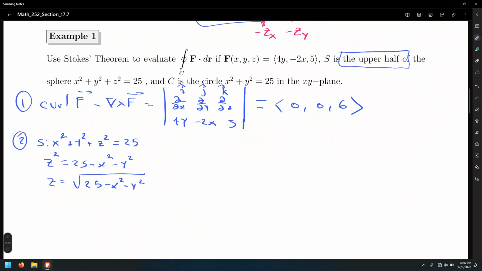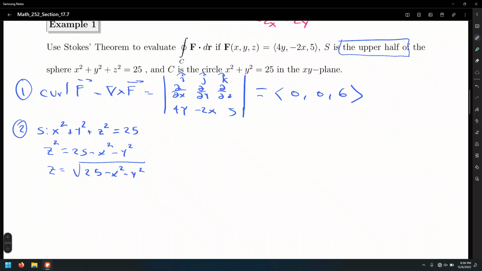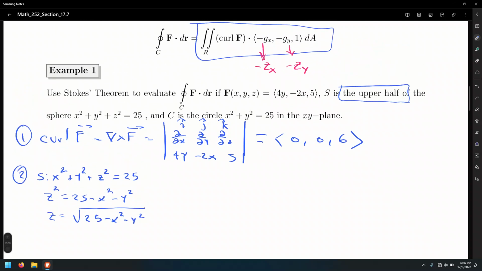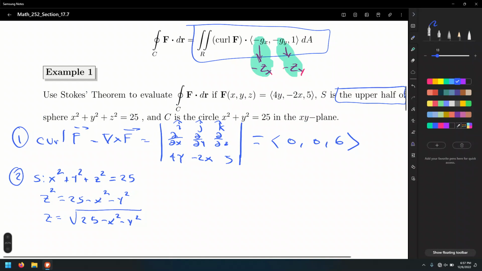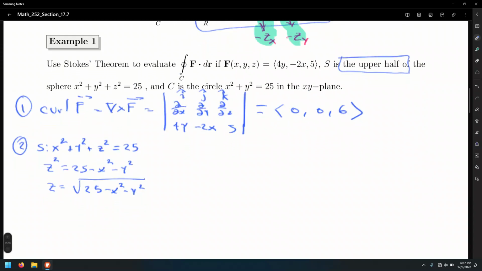We need to take the partial derivative of this function z because we need those two pieces of information in our surface integral. So I'm going to compute these two quantities: the partial of the equation of the surface with respect to x and with respect to y.